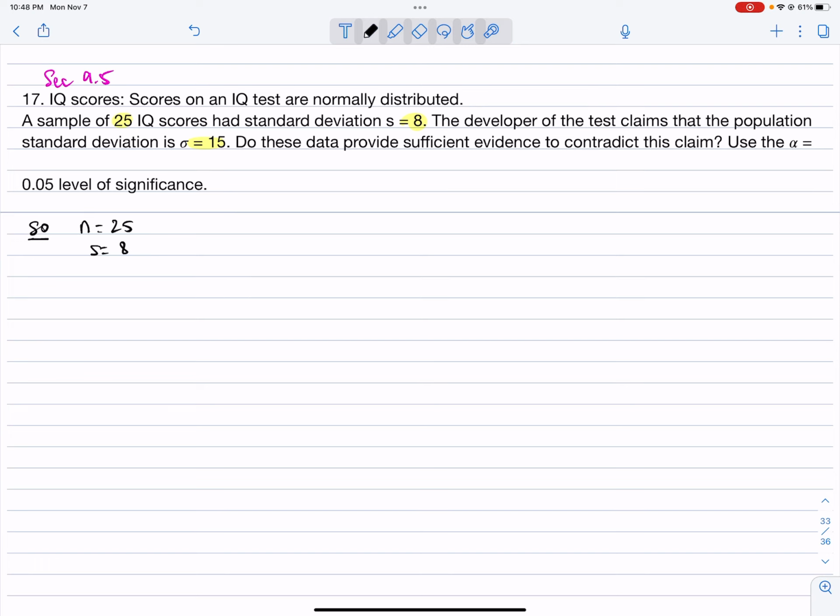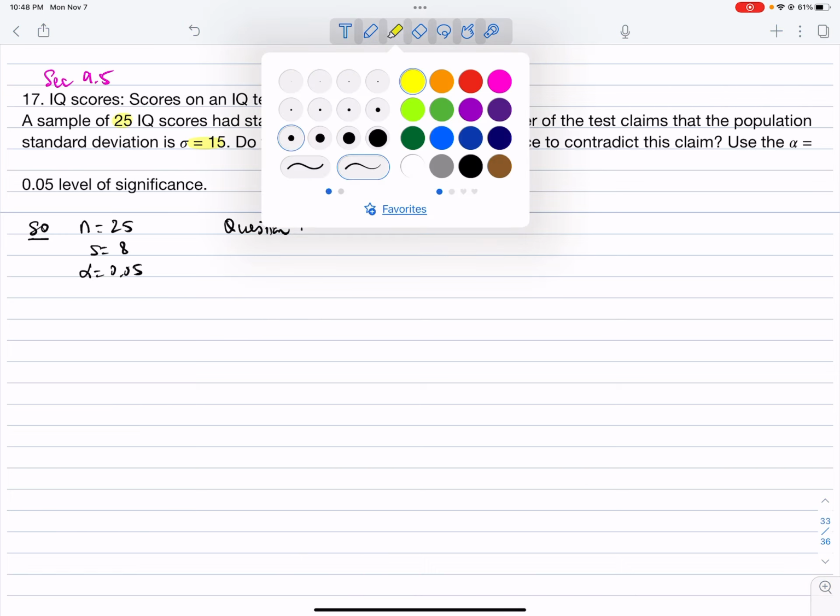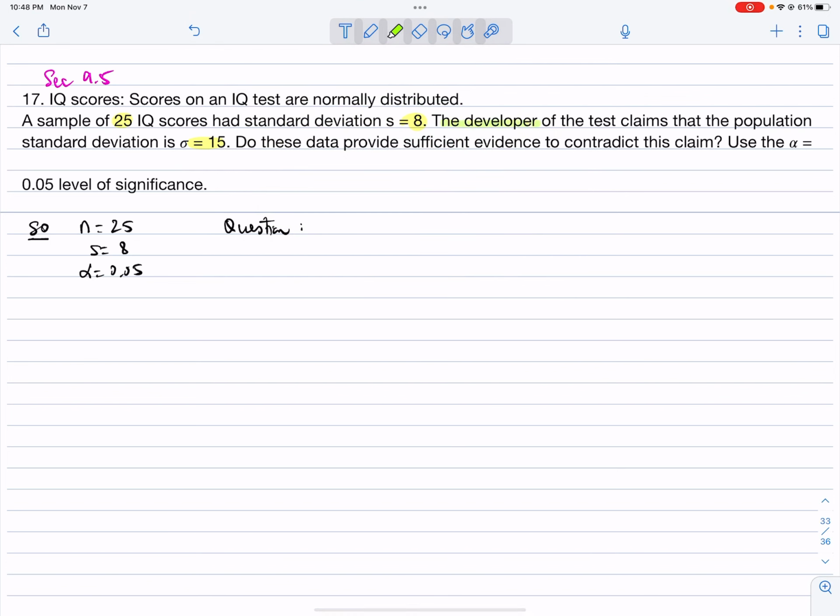This is the claim. Alpha is given as 0.05, and here is the question: test the claim that the population standard deviation sigma is equal to 15. So we want to know if sigma is equal to 15 or not.